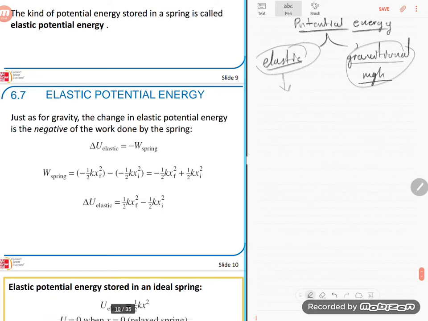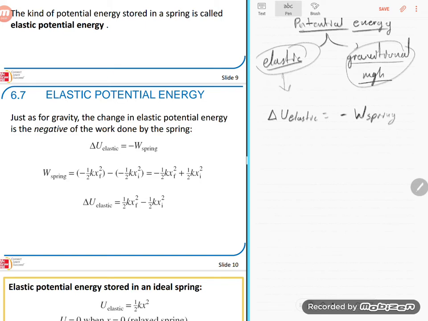Just as for gravity, the change in elastic potential energy is negative for the work done by the spring, so it is negative. They are opposite. So we have the change of elastic potential energy is equal to minus the work of the spring. We know the formula of spring work, right? Work is equal to minus half k x final square plus half k x initial square, right?